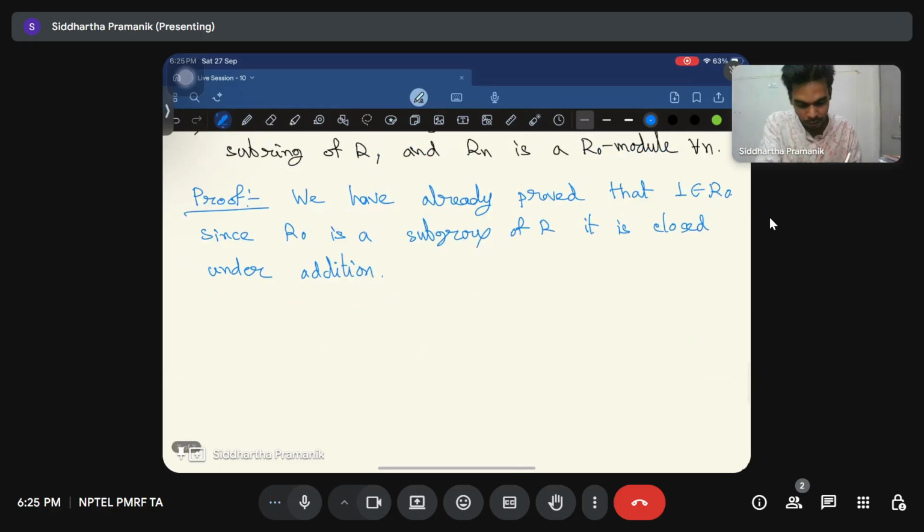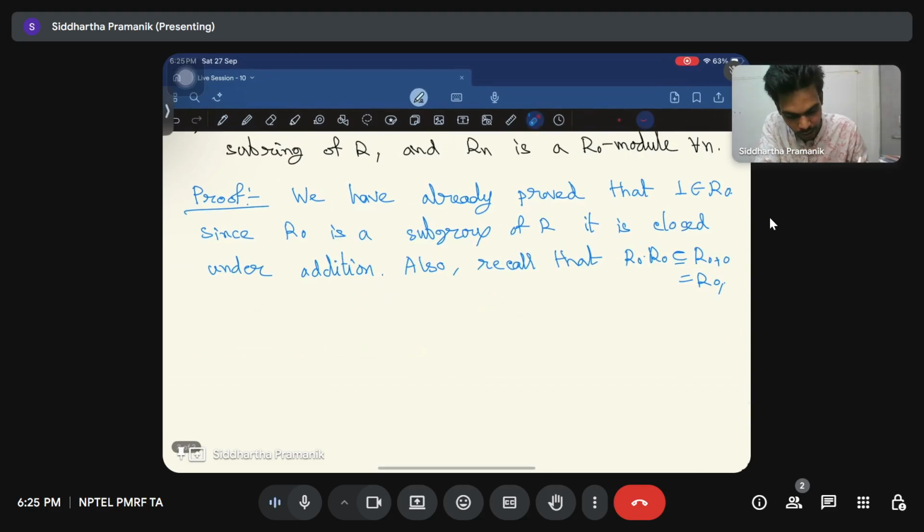Right? And also recall that if we take R naught and multiply it with R naught itself, then it will be a subset of R0 plus 0, which is R0. This is also from the definition of a graded ring, which is basically if we take Rn and multiply it with Rm, then it has to be a subset of Rn plus m. We are taking n and m both to be 0.